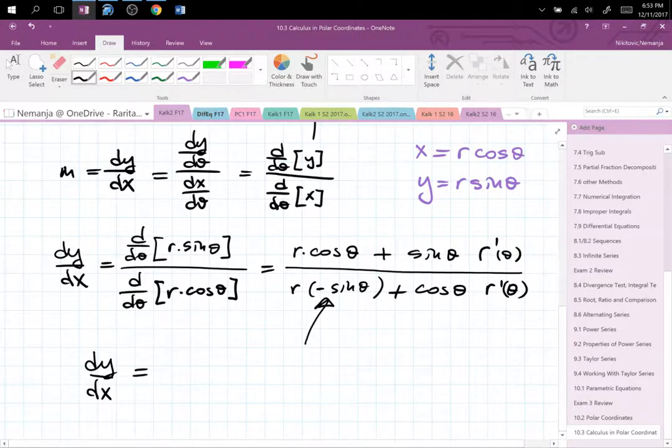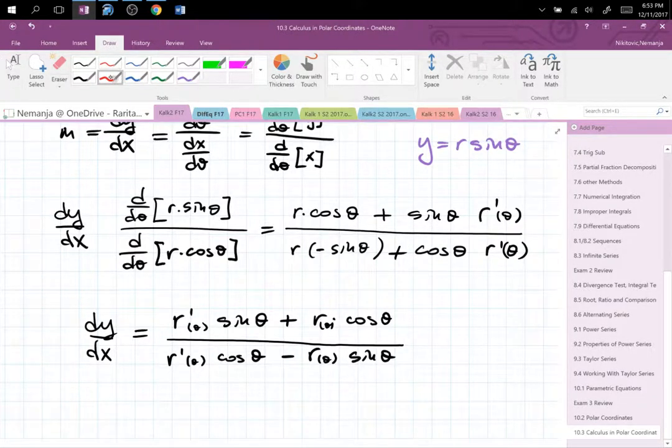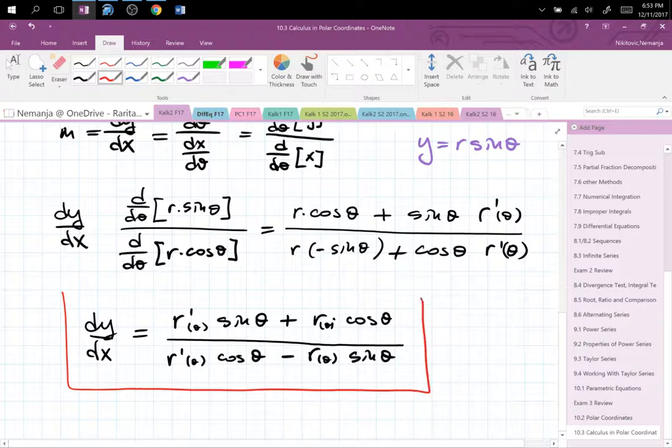It is going to be r prime of theta times sine theta plus r of theta times cosine theta, divided by r prime of theta cosine theta minus r of theta sine theta. So you have a choice to do quick product rules or memorize the derivative formula. This might pop up on the final, I don't know.